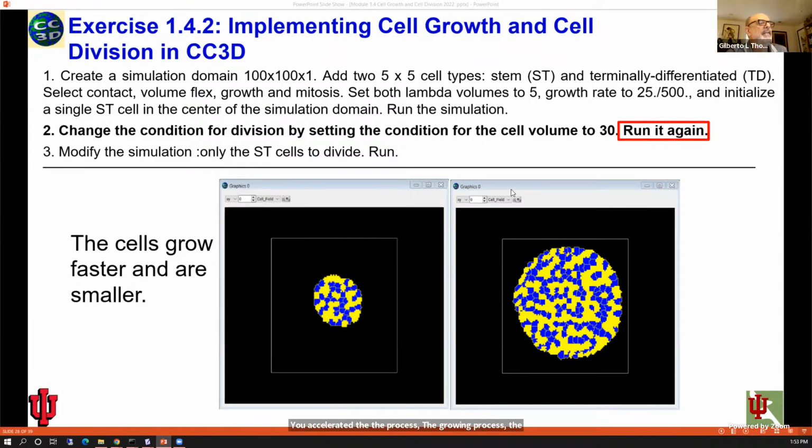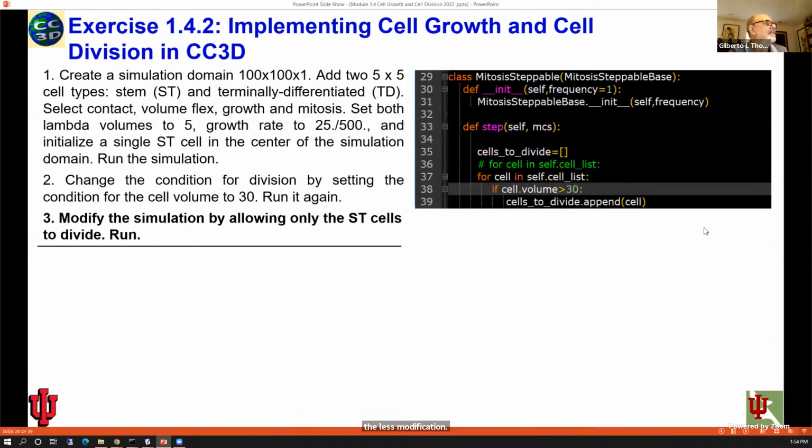The last modification now is this one. Now we are going to prevent the TD cells from dividing. How do you do that? This is the part of the code here in the right window where you have the loop where you are checking the cells to divide.